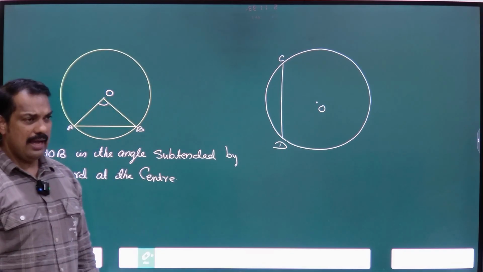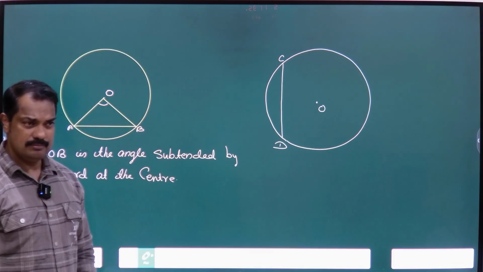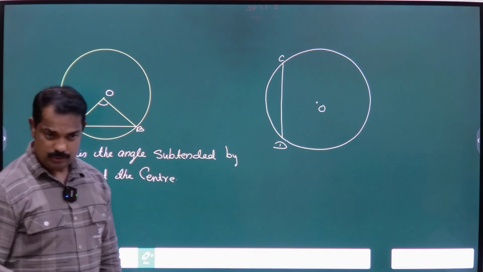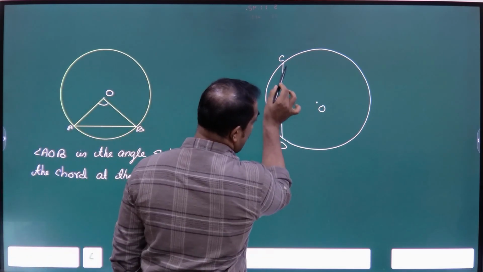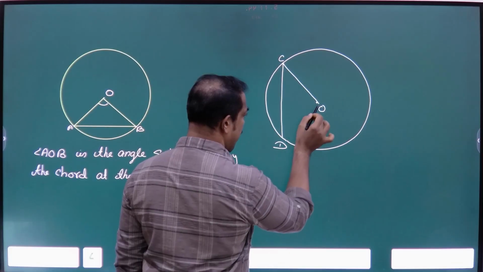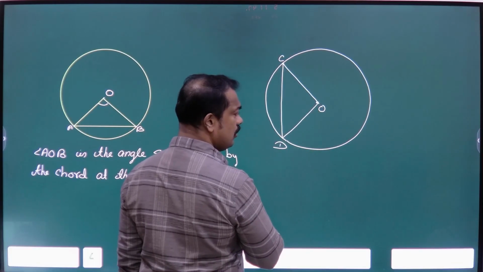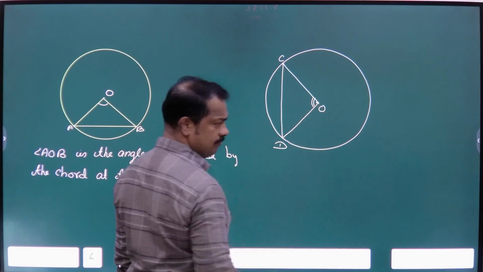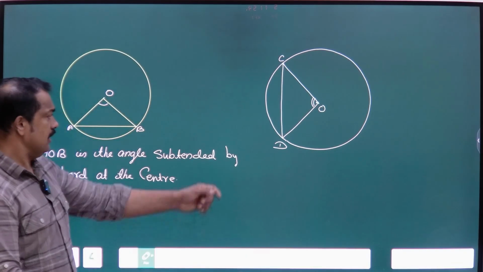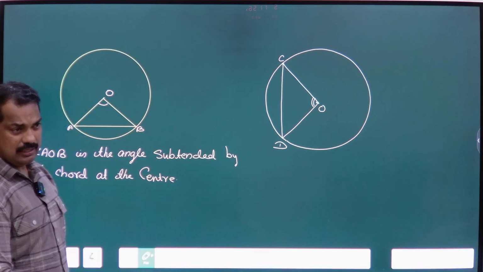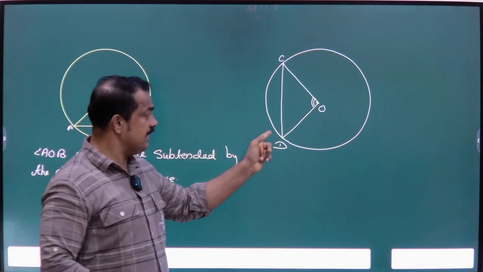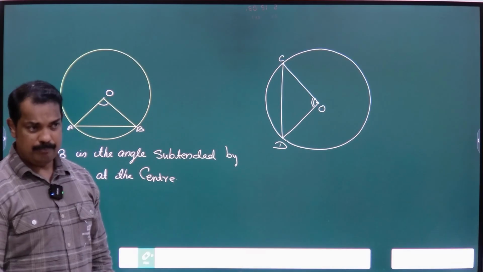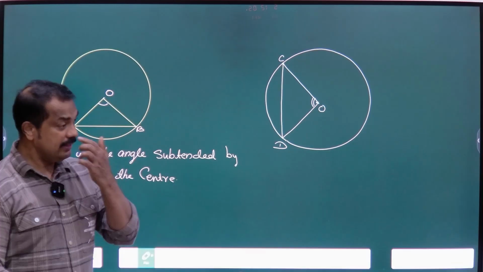How to draw angle subtended by the chord CD at the center? From C, first draw a line segment to the center. Join C and O. Next, join D and O. What is the name of the angle subtended at the center? COD. COD is the angle subtended by the chord CD at the center.